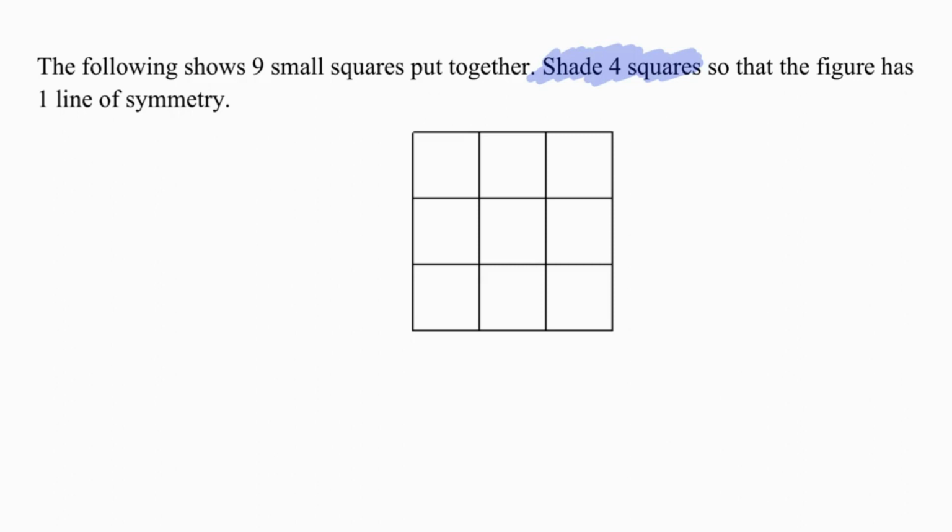So I realize I could actually shade this 1, 2, 3, 4, and after which the only line of symmetry in this case after I shade the 4 squares would be here.